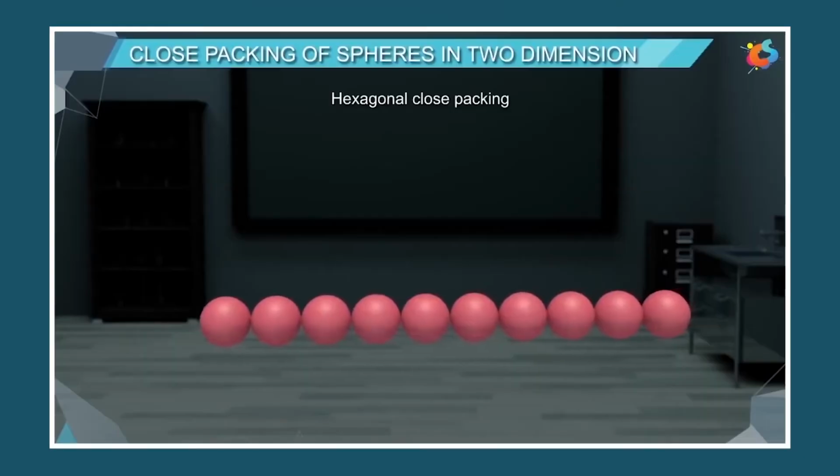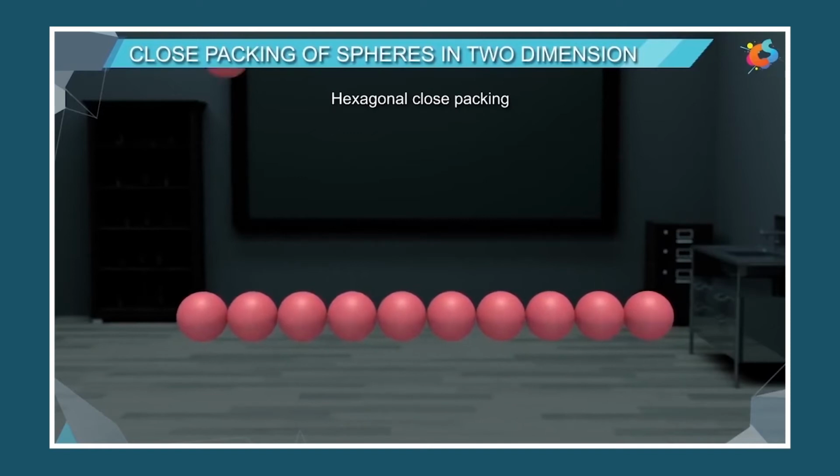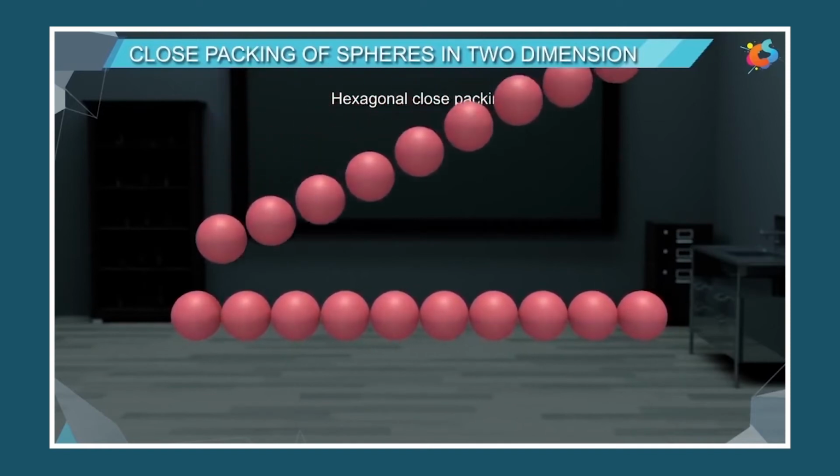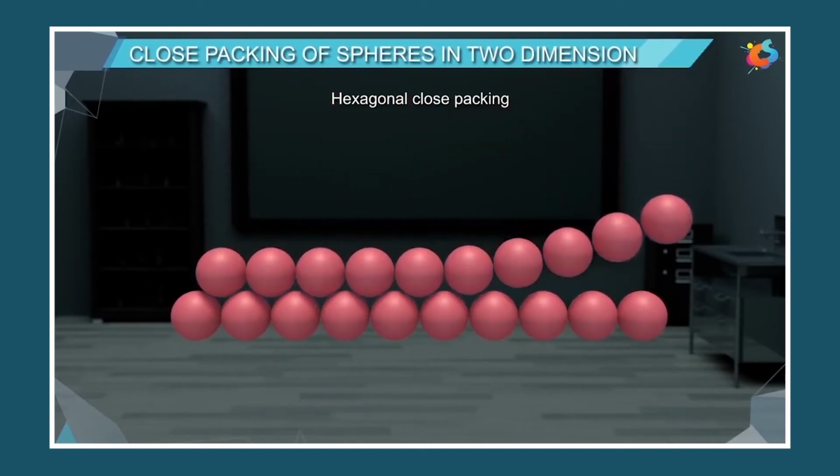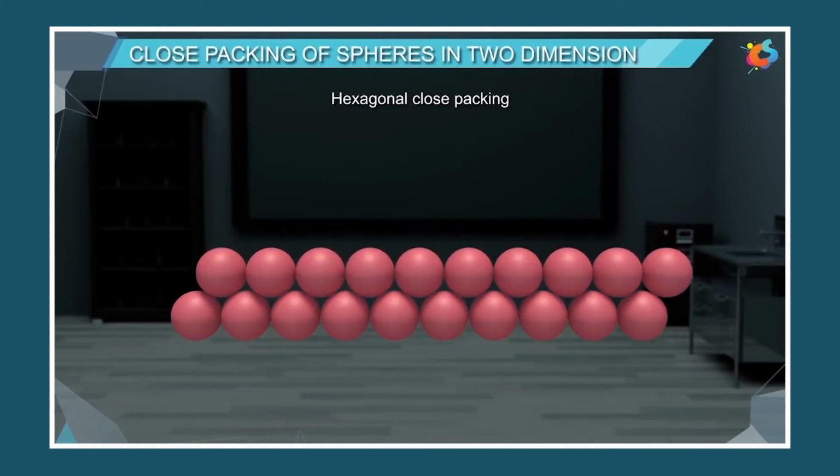In the second way of arrangement, the second row may be placed above the first one in a staggered manner, such that its spheres fit into the depression of the first row. If the arrangement of spheres in the first row is called A type, the one in the second row is different and may be called B type.